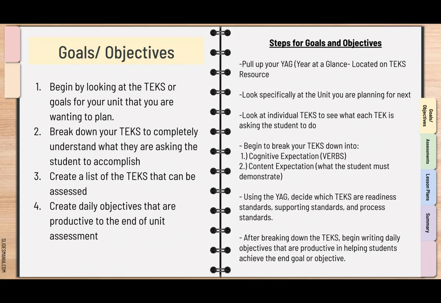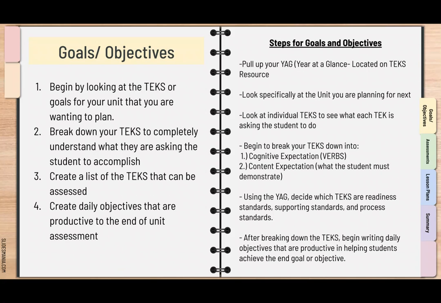So steps for goals and objectives. You're going to start by pulling up your YAG or your year at a glance located on the TEKS resource page. You're going to look specifically at the unit you are planning for next. Then you will look at the individual TEKS to see what the TEK is asking the student to do.